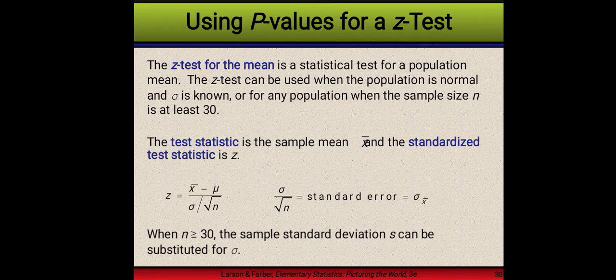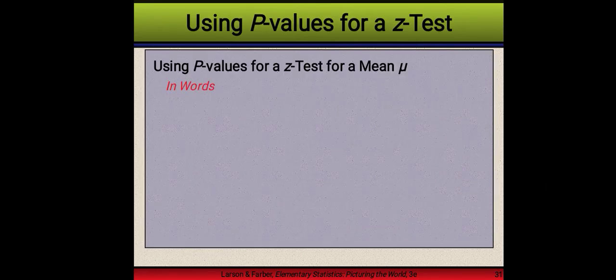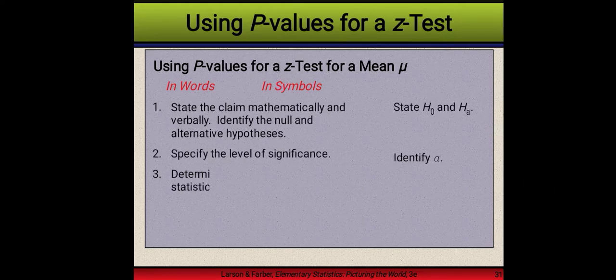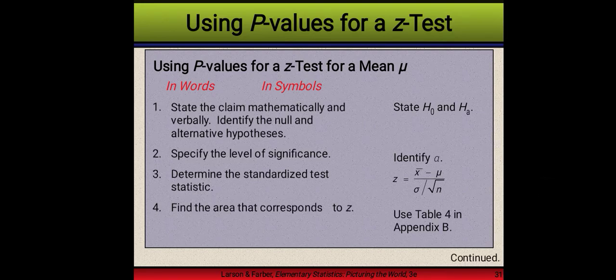Using p-values for a z-test for a mean, in words and in symbols, these are the steps, same as what I presented earlier. State the claim mathematically and verbally. Identify the null and alternative hypotheses. We have H sub 0 and H sub a. Specify the level of significance.